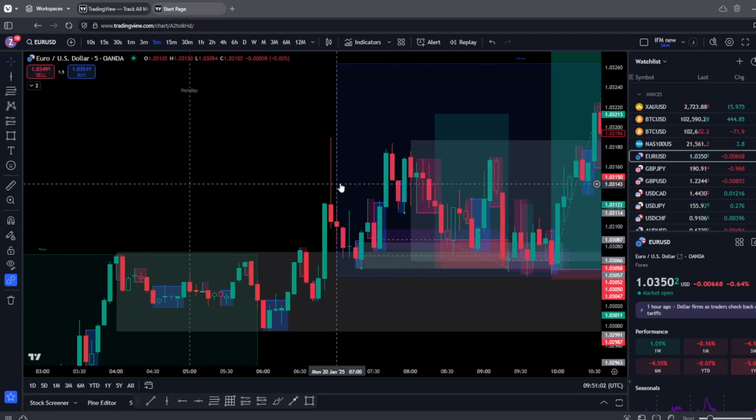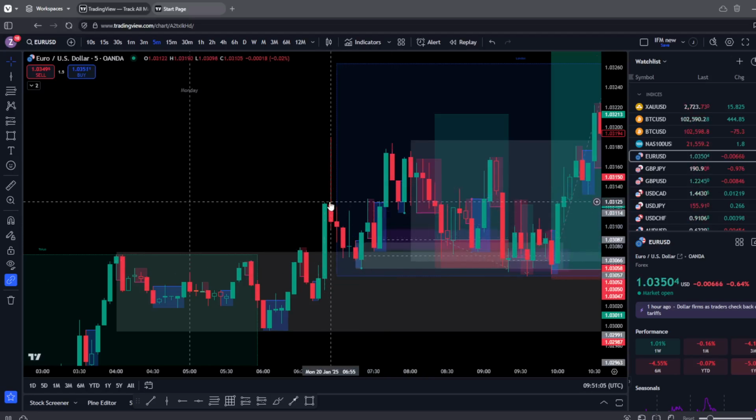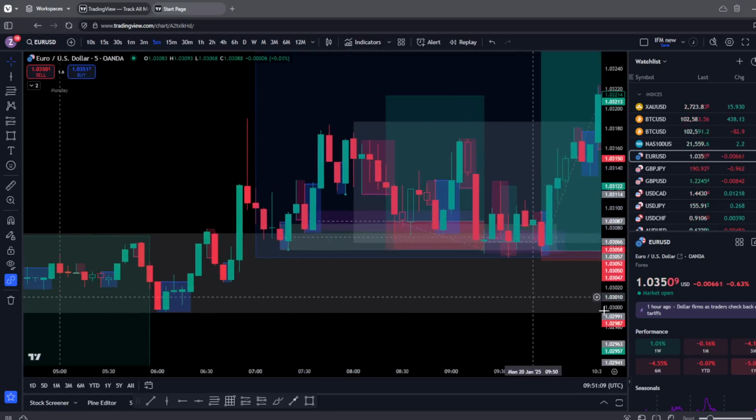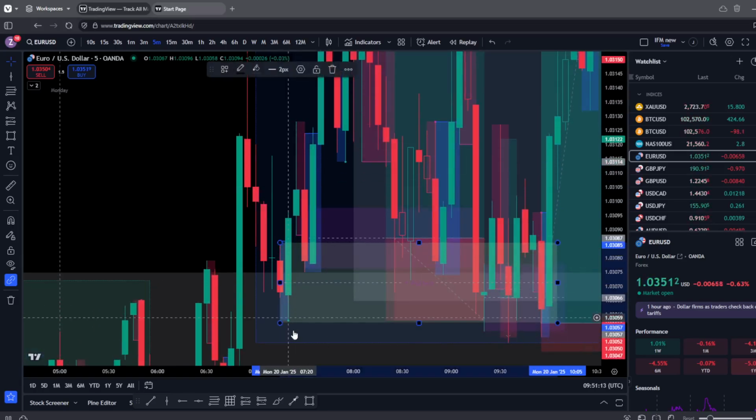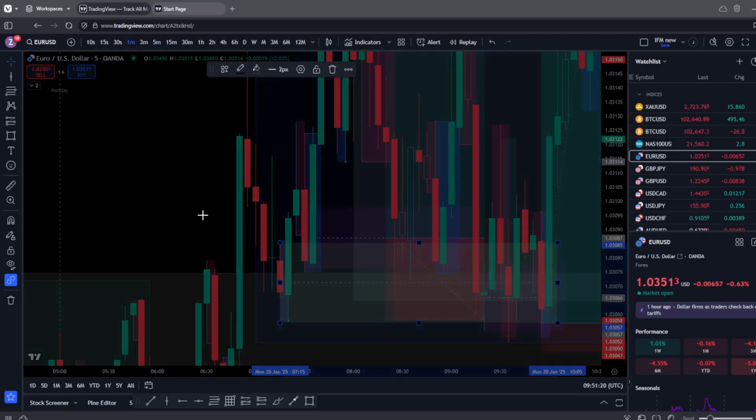You can see price broke this zone here, and the first touch inside the zone on the 5 minutes confirms the trend. You want to see price tap into it again on the 1 minute, so let's go to the 1 minute.